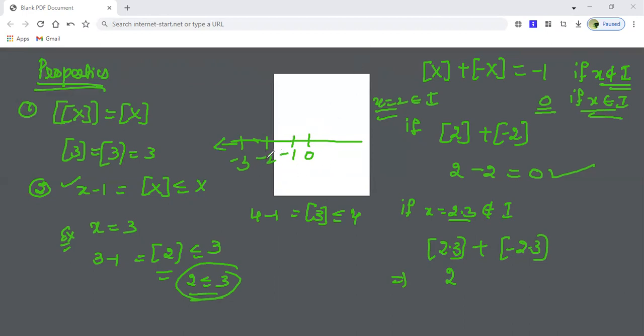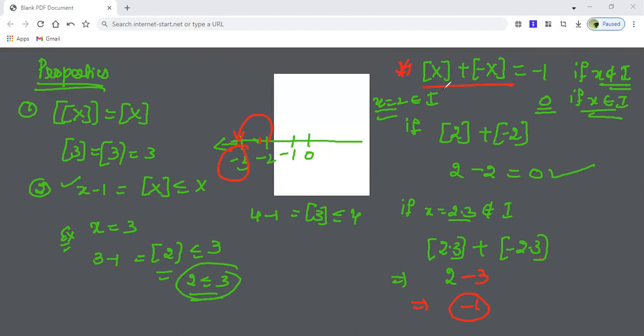Here is minus 2.3. Whenever the greatest integer concept comes, we have to see the immediate left-hand side, which means it is minus 3, not minus 2. So clearly you should write minus 3 as the greatest integer of minus 2.3. So this will give you minus 1. Therefore this property holds.